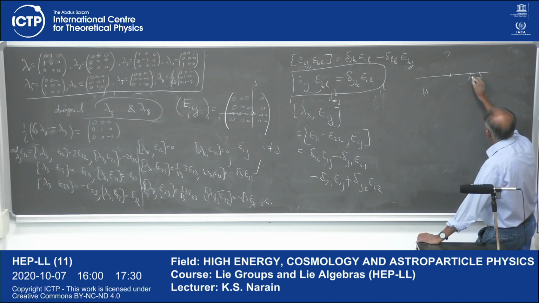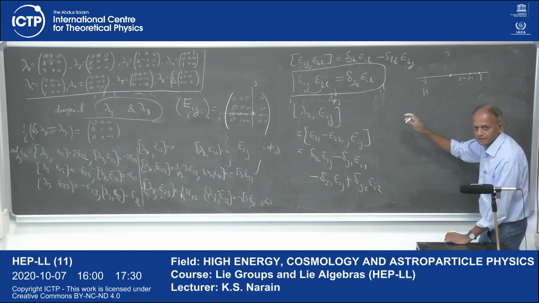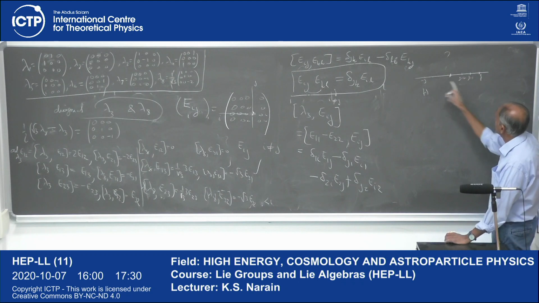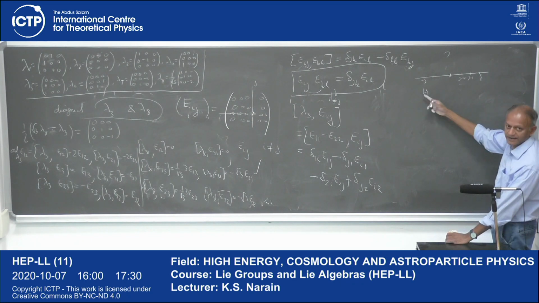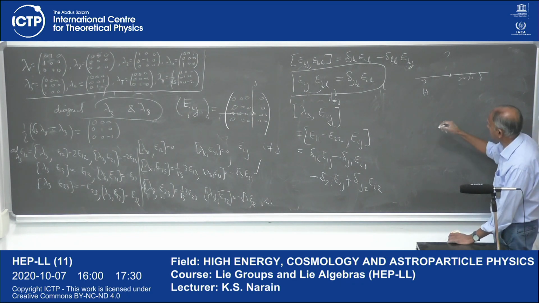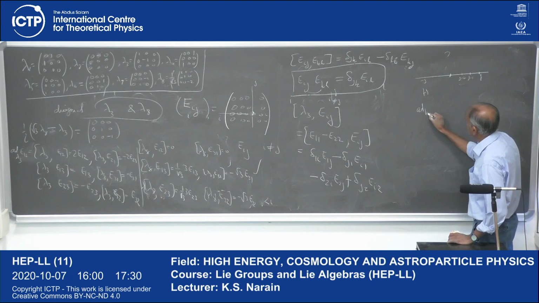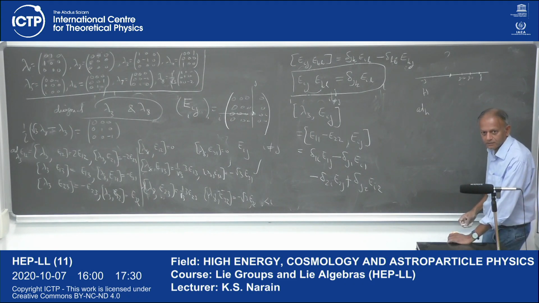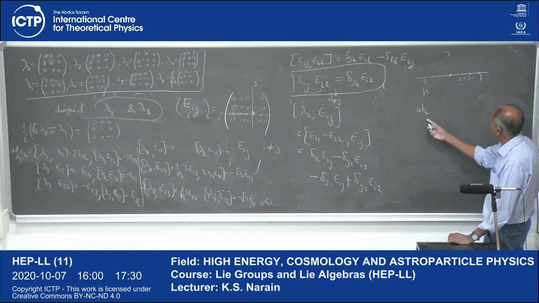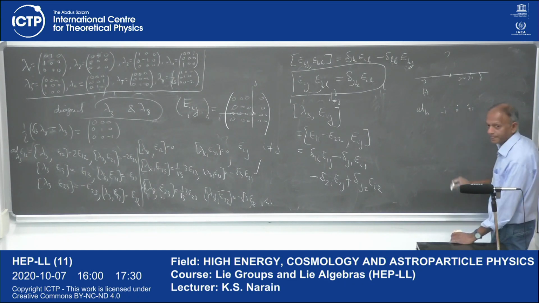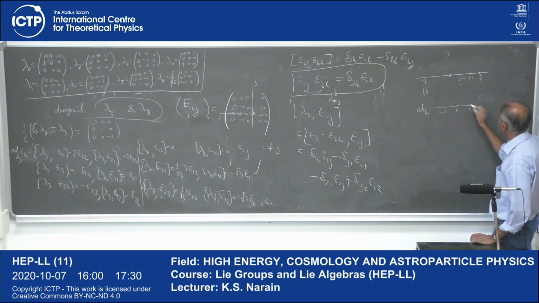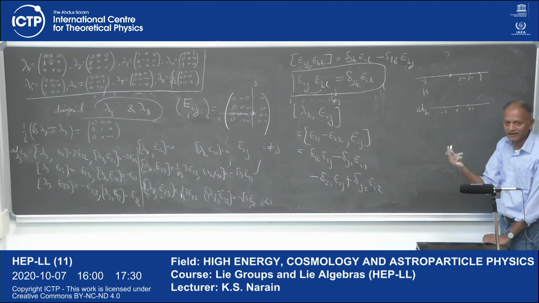And then you had j minus 1, j minus 2, all the way down to minus j. So in this diagram, what I was plotting was the eigenvalues of H in whatever representation you're talking about. In the adjoint representation, if you look at ad H, which is a particular representation of SU(2), the spin was just j equal to 1, so you had plus 1, 0, and minus 1. But you could plot it in one dimension because there was only one eigenvalue.